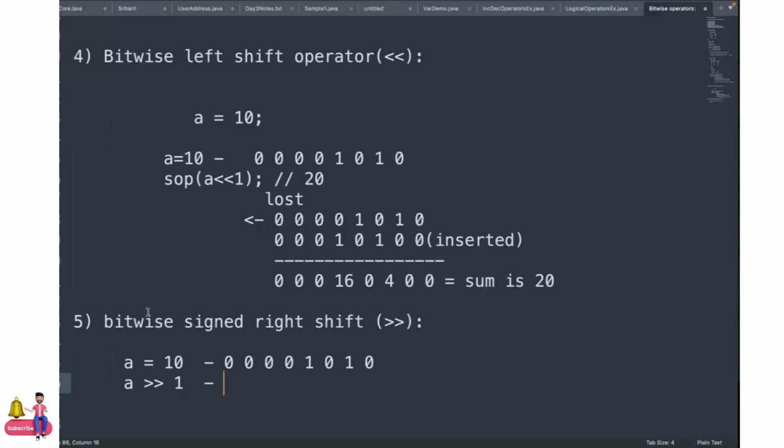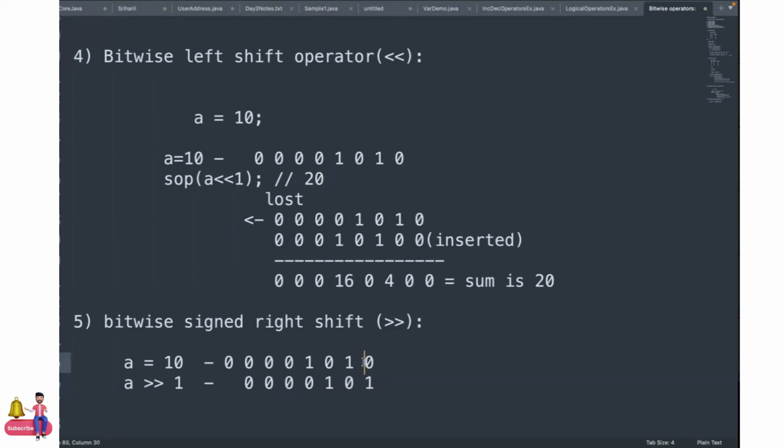Now what happens? The first 0 will come here, the second 0 will come to the next position, the third 0 to the fourth position, and the fourth 0 to the fifth position. In the sixth position we have 1, in the seventh 0, and again we have 1.